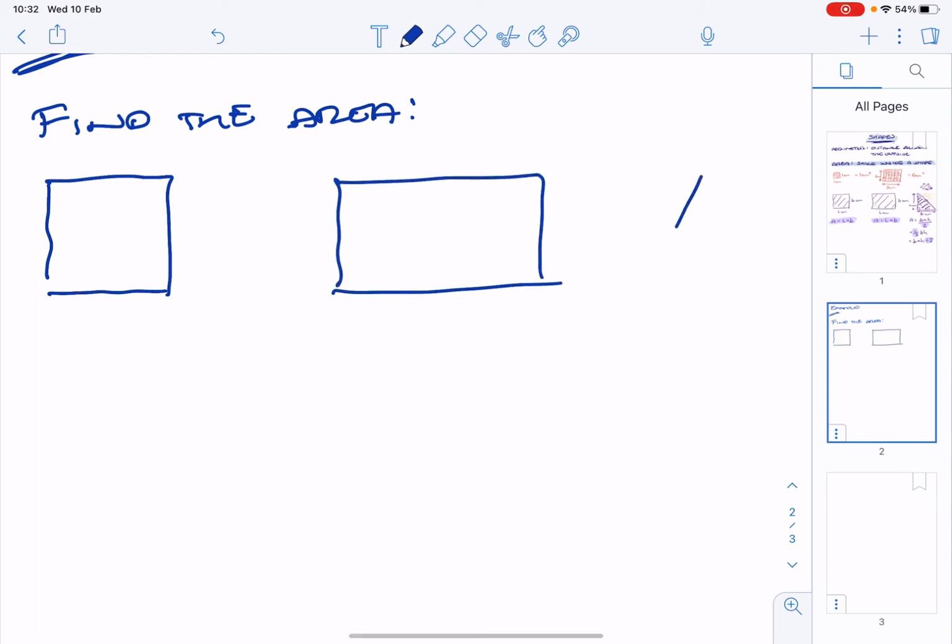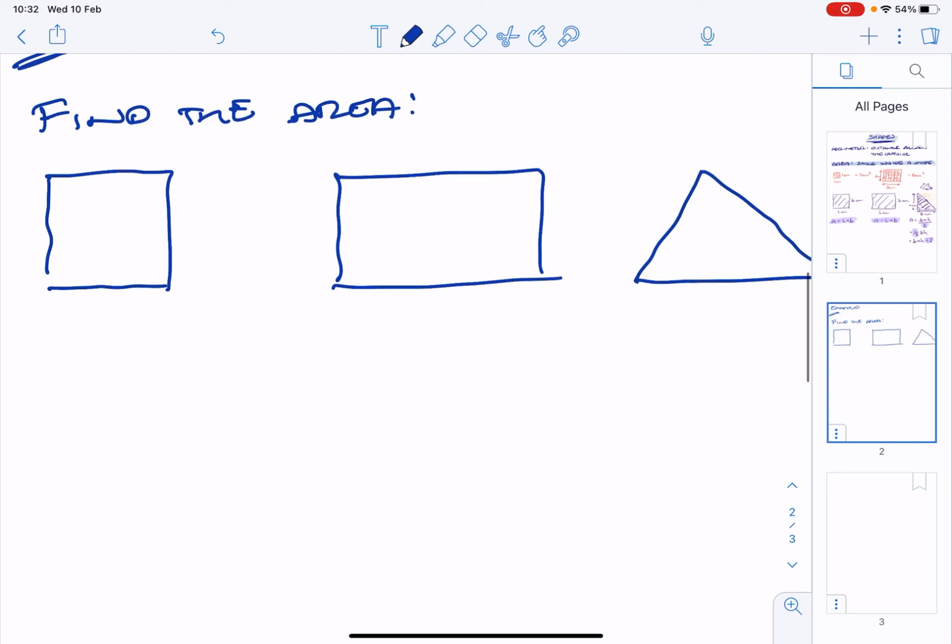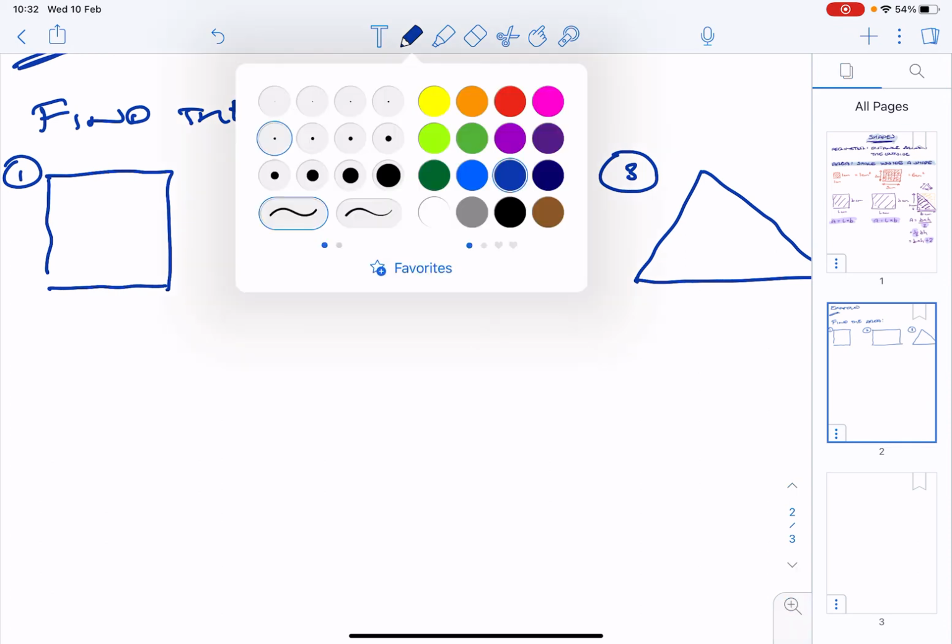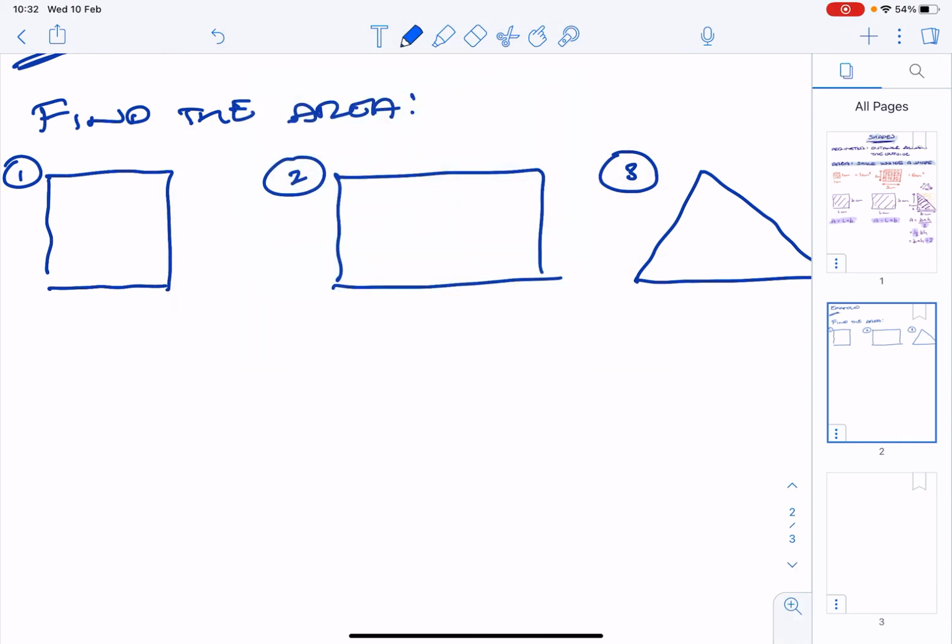And then I'll look at a triangle. Okay, right. So the idea of each of these is that we would generally have the dimensions. It might be a situation where it's a triangle, and we'll look at that later on, where we have to find a missing dimension. But generally, you can't actually find those missing dimensions, so you'd pretty much be given them in each case.